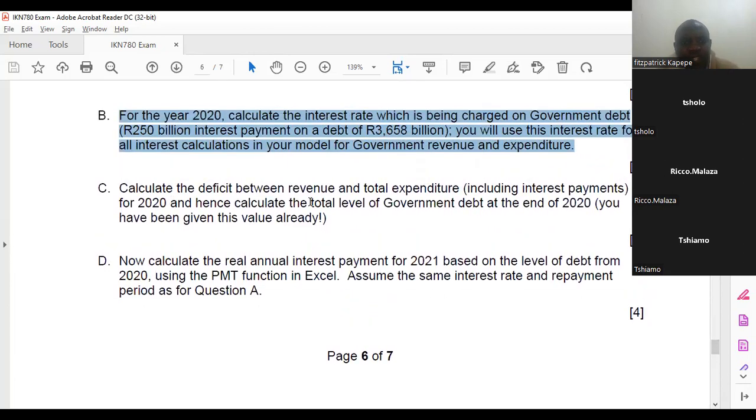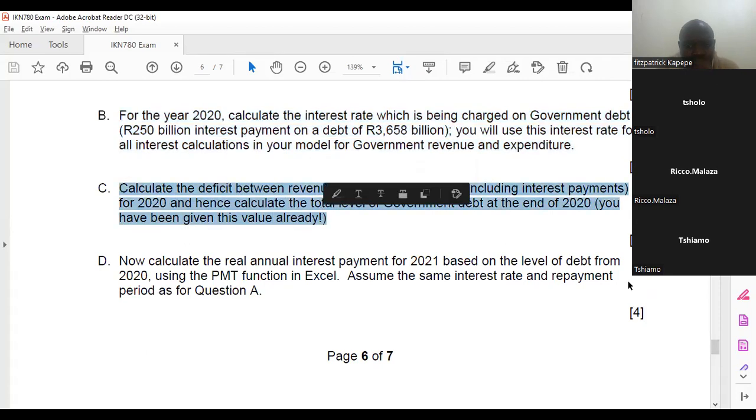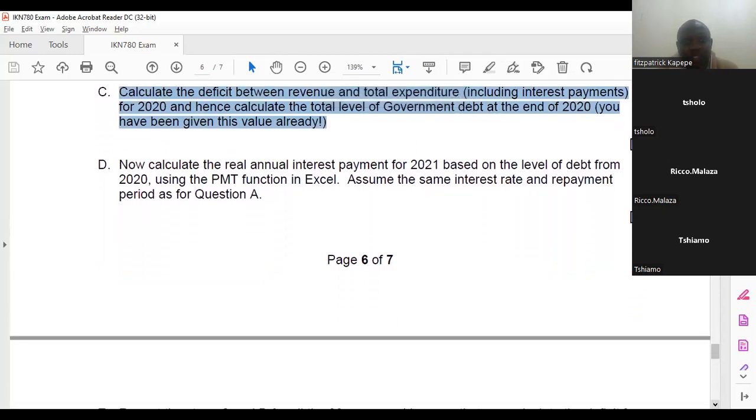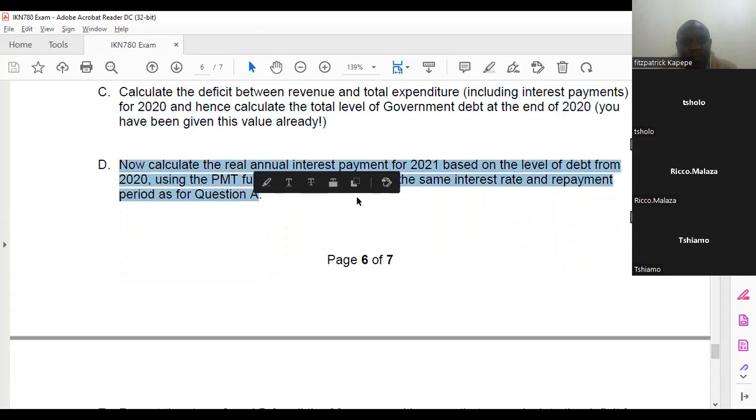So I thought calculate the deficit between revenue and total expenditure. This has been done, guys. Now calculate the real annual interest payment for 2021 based on the level of debt from 2020 using the PMT function in Excel. This we have done. The answers are in the question. You have seen, Rico.